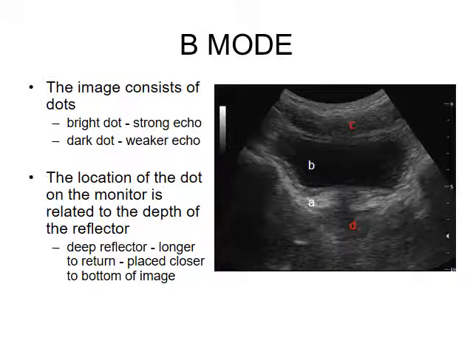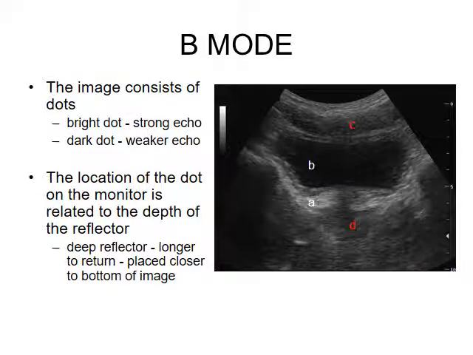So if we've got a bright dot or a bright structure on the image, it means that that structure has sent back a strong echo, reflected the sound well, and we're getting a strong echo back to the transducer. So that structure on the image will look brighter and more towards the white end of the scale.